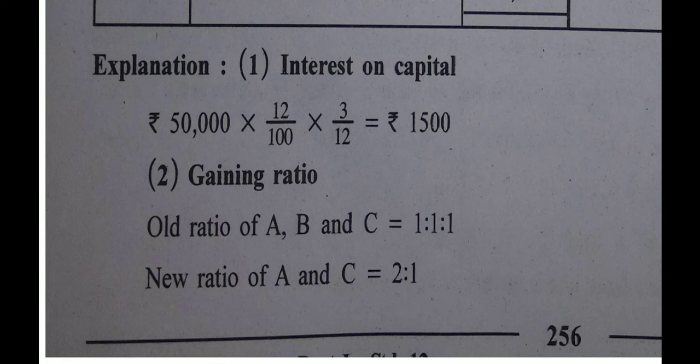Try to understand. Use your calculator. We are calculating amount of interest on capital to be given to B. I mean B's executor. 50,000 is the amount of capital of B.